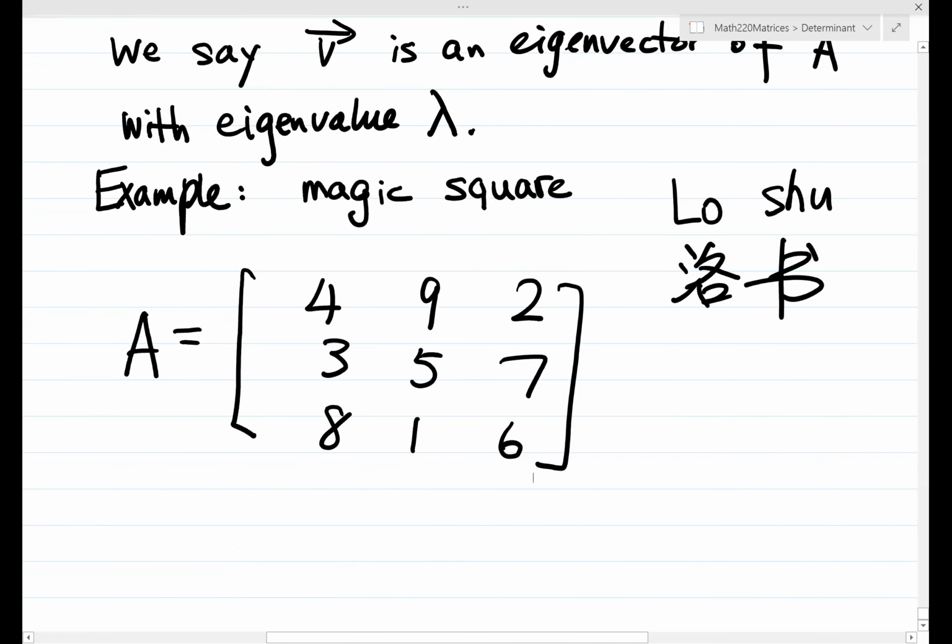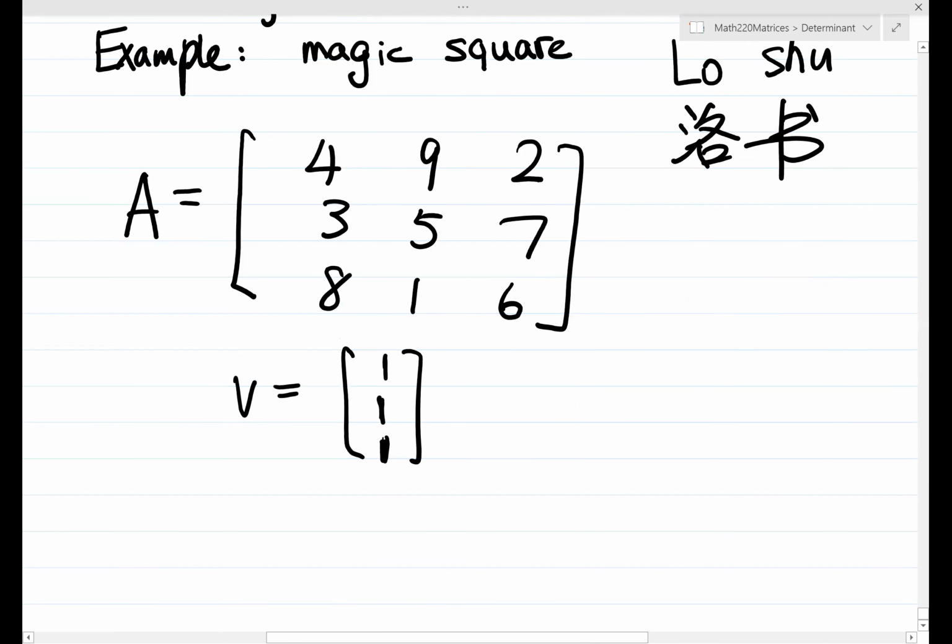We want to find an eigenvalue and eigenvector. Now, first of all, remember this magic square has rows and columns that sum to the same number. So if you choose this vector V to be 1, 1, 1, then A times V will sum over.